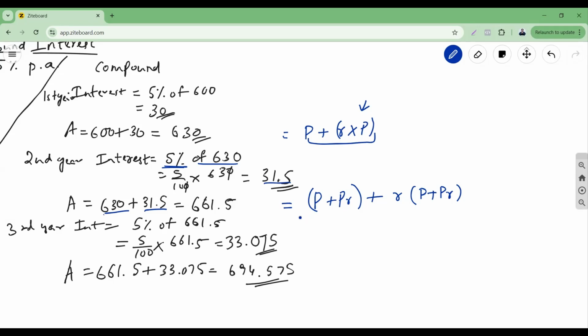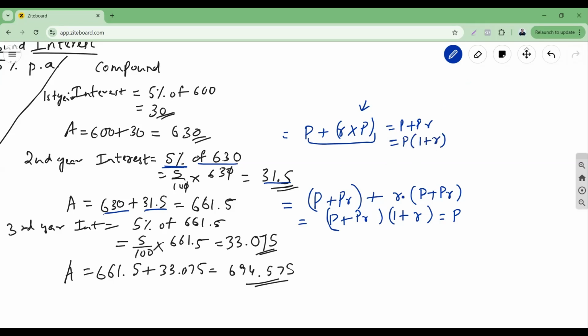So from this, what do I know? I can say, P plus PR, if I take P as common, 1 plus R, right?